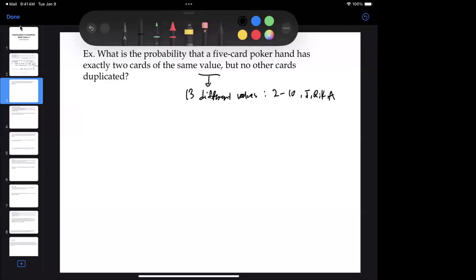Mm-hmm. So 4 over 52 times the second one would be 3 out of 51. But then there are 13 of those, so I guess you multiply that by 13. I'm not sure if it's right.